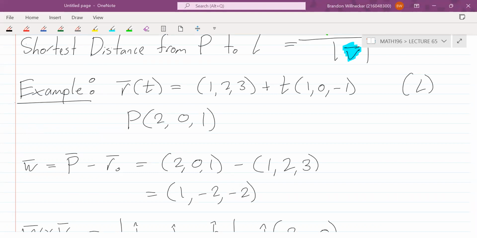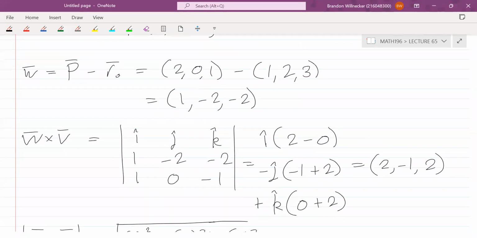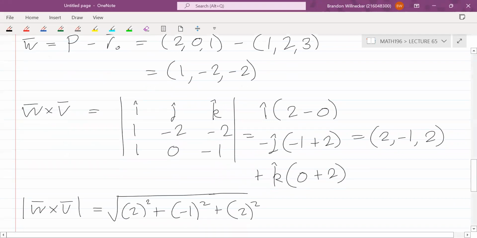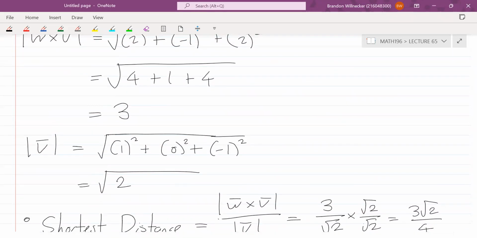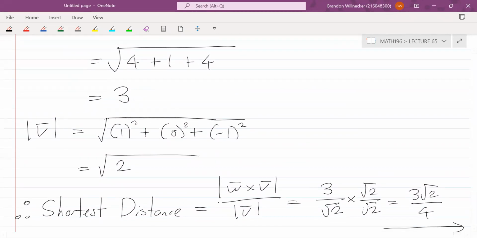You take the cross product with V, that's your W cross V. You find the length of that cross product, you find the length of V, take the ratio, and that's your distance. Not too much to do. Let's have a look at another example.